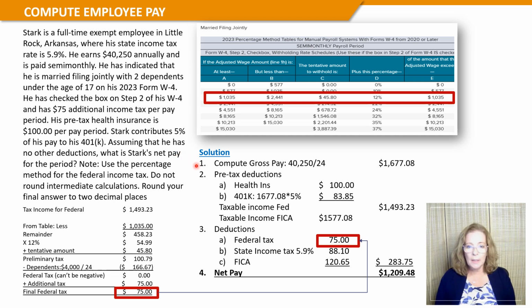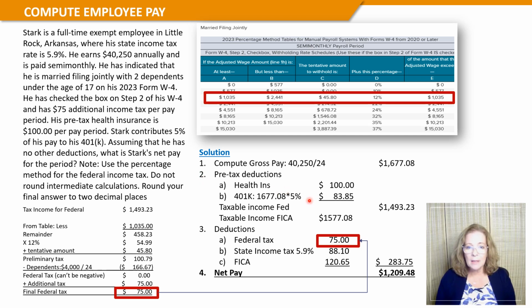So step 1 is calculating the gross pay by dividing the annual salary by 24, because Stark is paid semi-monthly, which results in $1,677.08. Step 2 is to calculate the taxable wages for federal taxes, which means we subtract all pre-tax deductions for health insurance of $100 and 401k, which is 5% of $1,677.08 or $83.85.